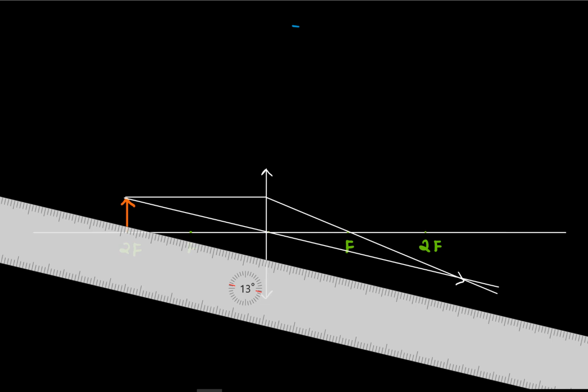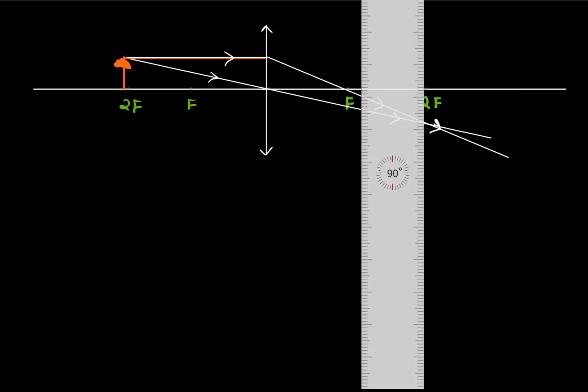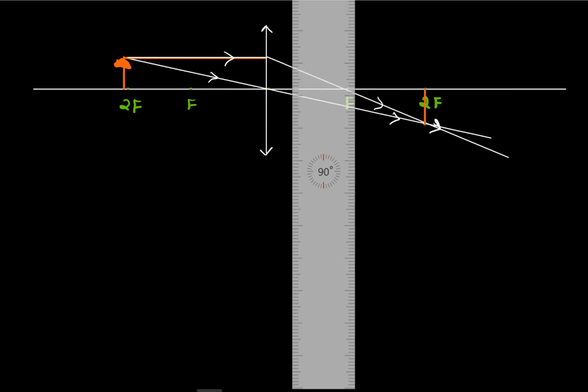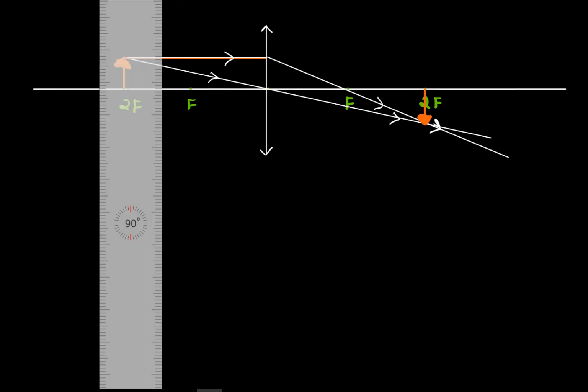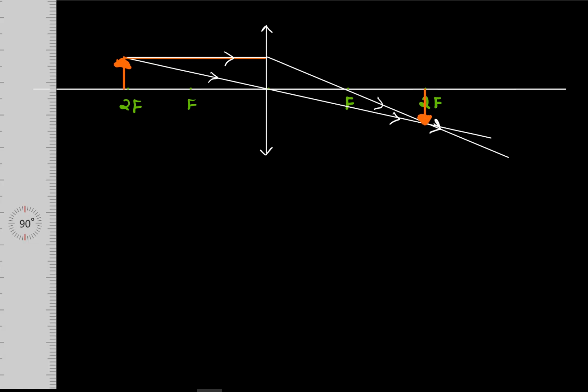So now what do you get? And now I'm going to draw my image at this point. So ideally, let me note down what I have obtained. If my object is at 2F, then I have my image also at 2F.